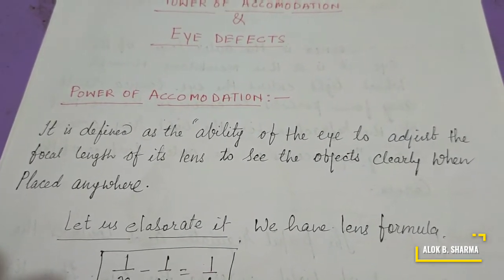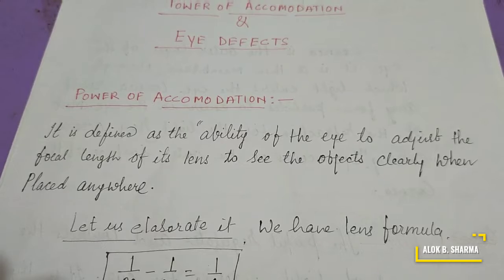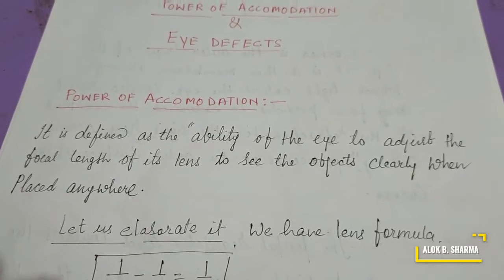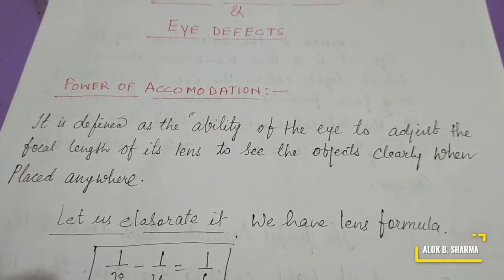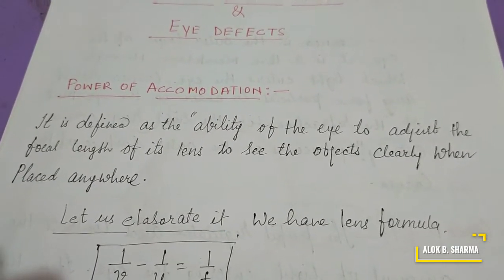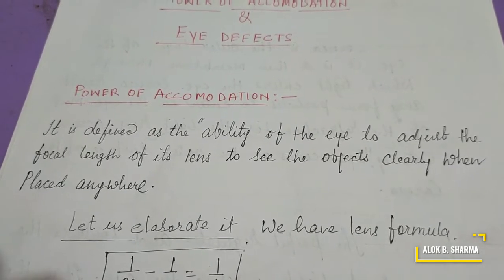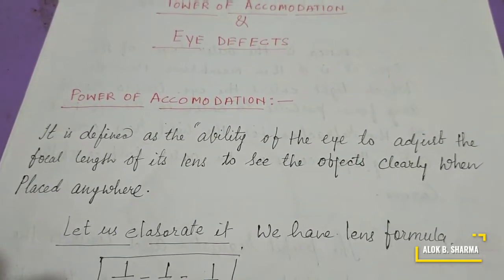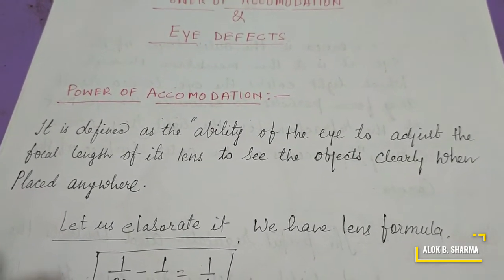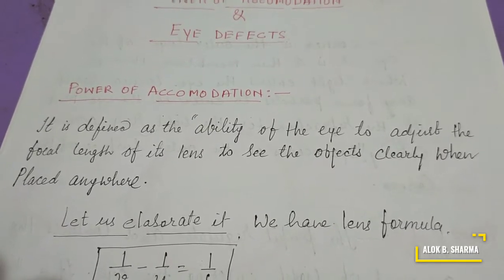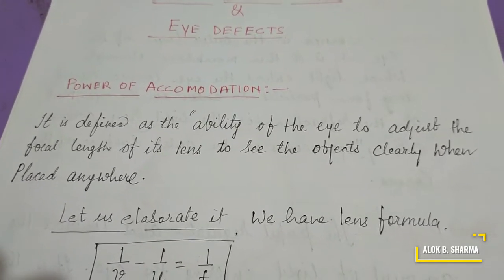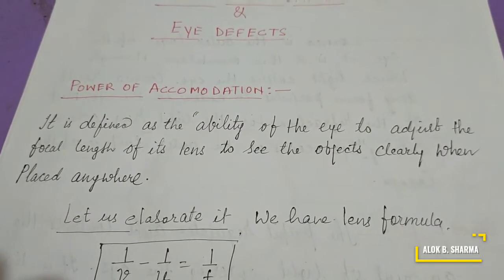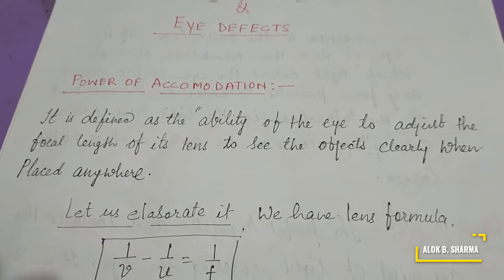But in case of our eye, image distance is fixed. That is, the distance between retina and eye lens is fixed. But we see objects at different places. Some objects are nearby our eye, some objects are far off from our eye. So how does the eye lens form the image at the same distance every time?